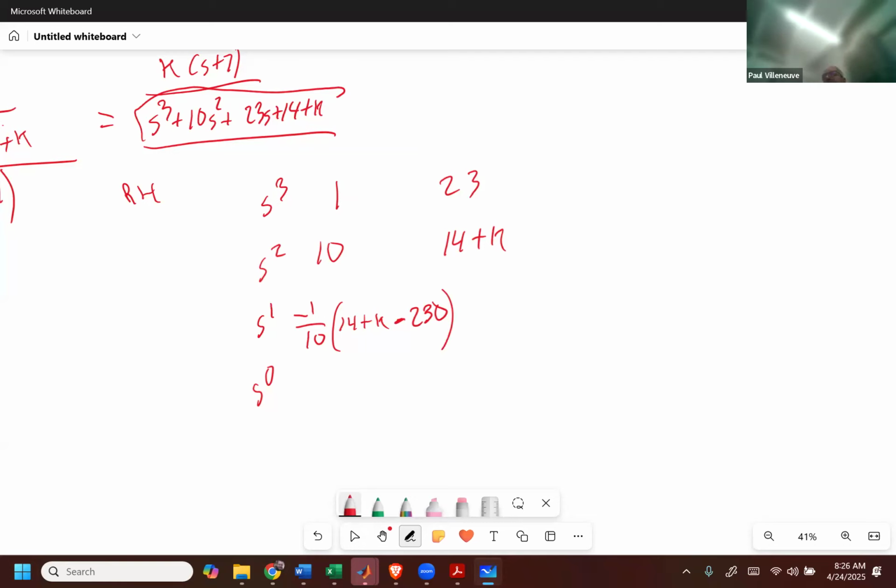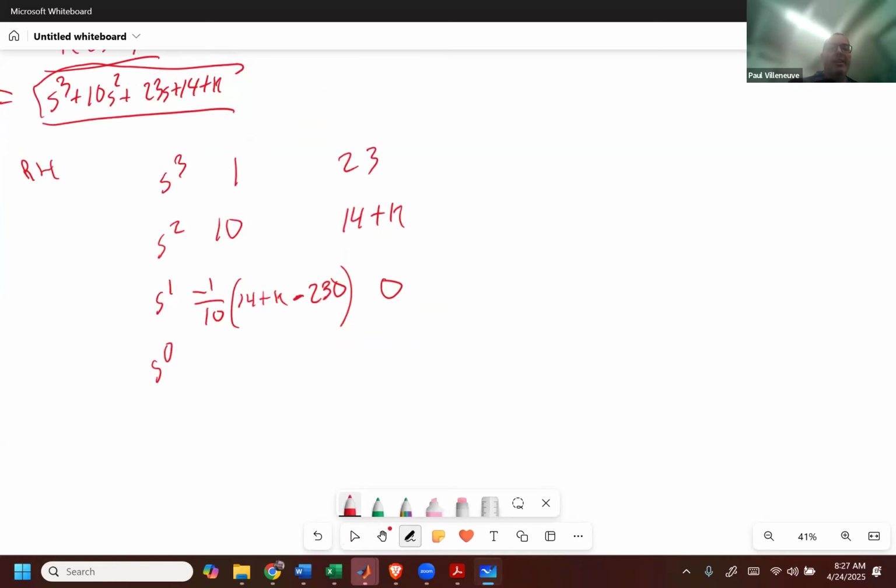And this is the only thing I need to do, because I know that this is 0, right? So I'm going to build my auxiliary equation from here when that goes to 0. So -1 over 10 times K minus 216 has to equal 0, right?